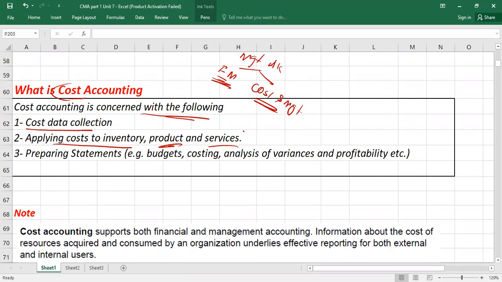Once you apply the cost data to inventory, product or service, you can prepare certain statements like budgets, costing, analysis of variance and profitability analysis. So three words are there. First is collection of data. Number 2 is applying the data to the product or services. Number 3, producing the statements. This is what is called cost accounting.